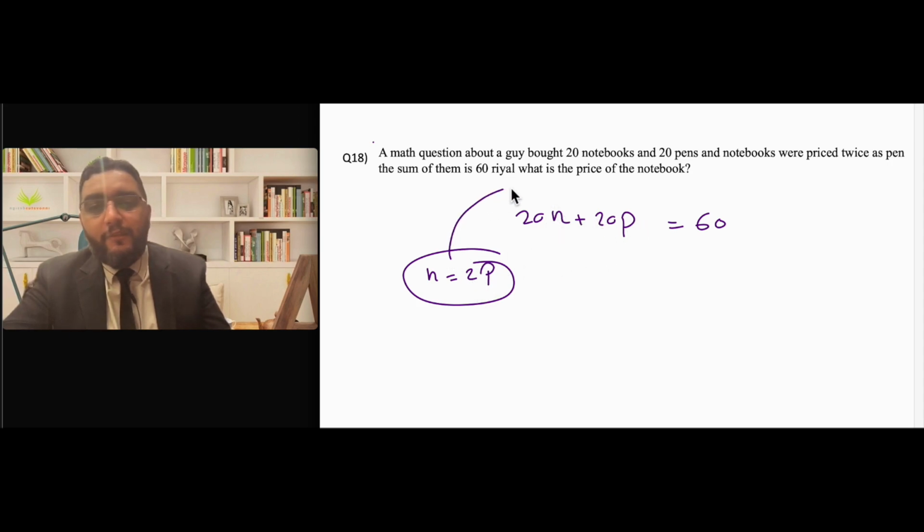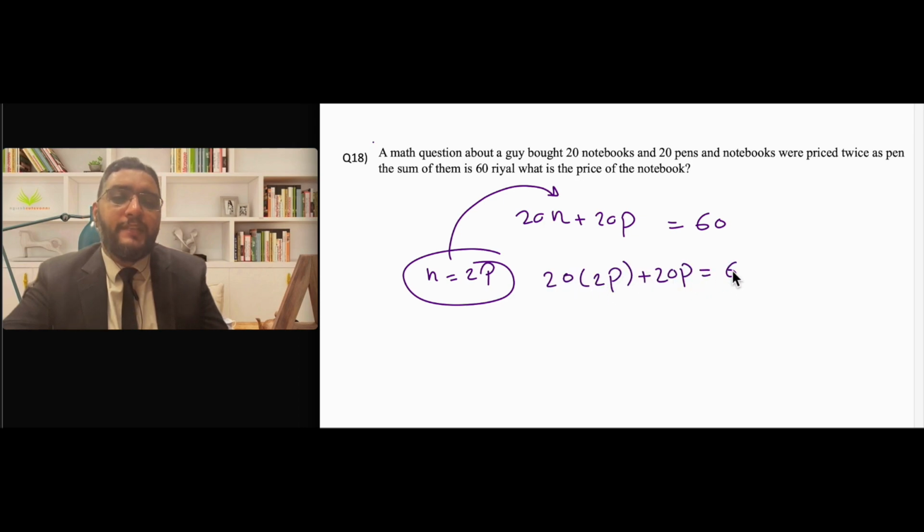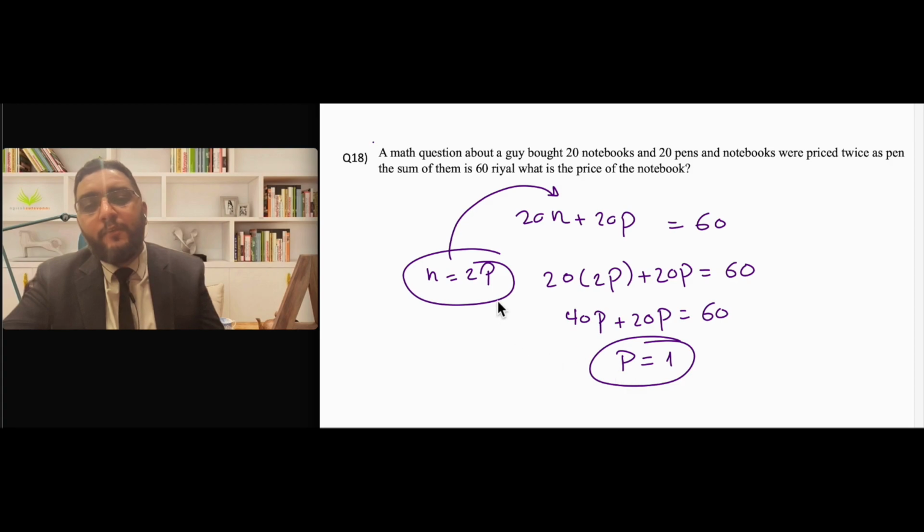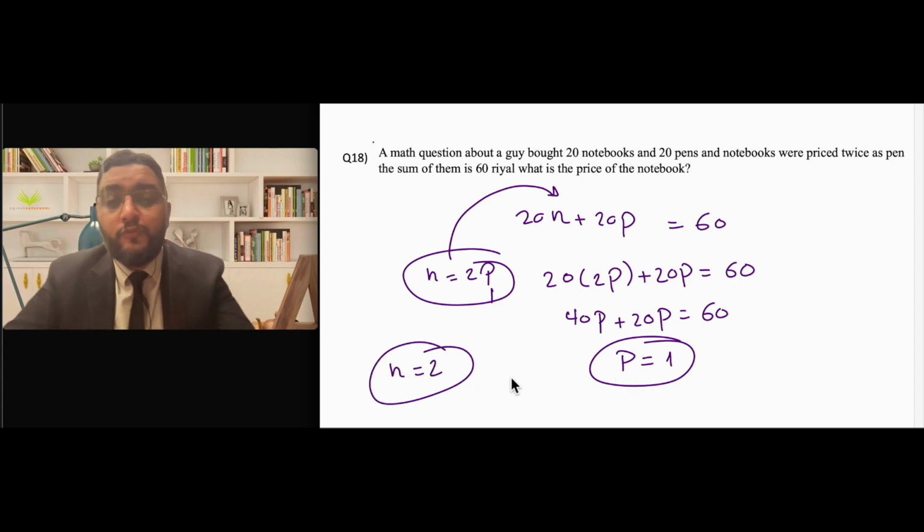Just plug in the value of n equals 2b, so it will be 20 times 2b plus 20b equals 60. So 20 times 2 equals 40b, plus 20b equals 60. It means b equals 1. So if b equals 1, then n equals 2. So the price of one notebook equals 2 riyals, and the price of one pen is 1 riyal.